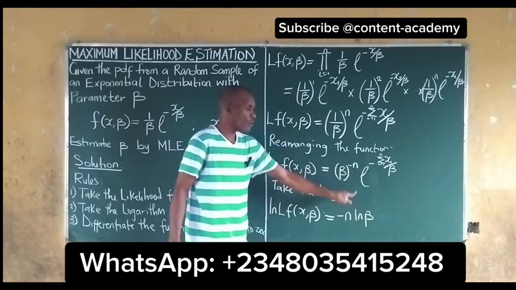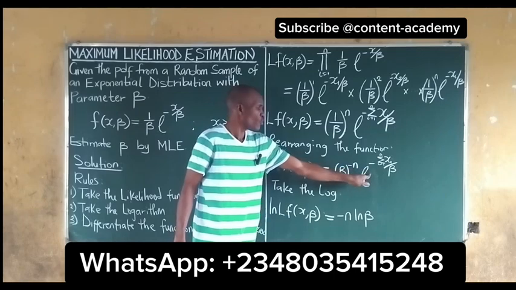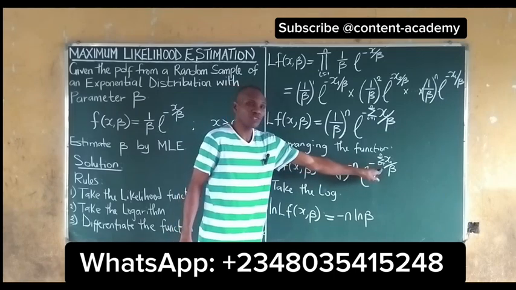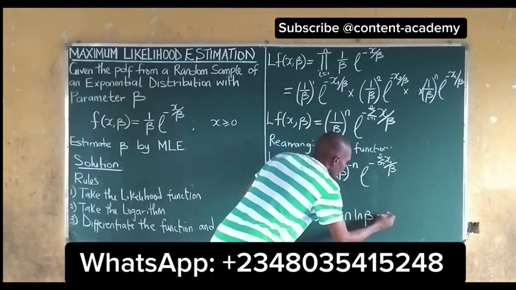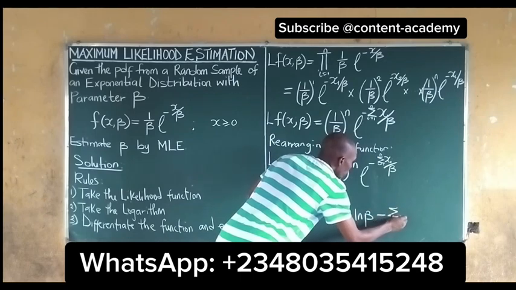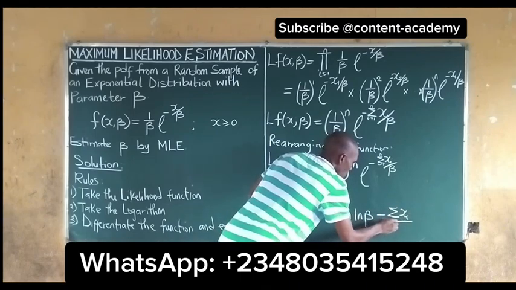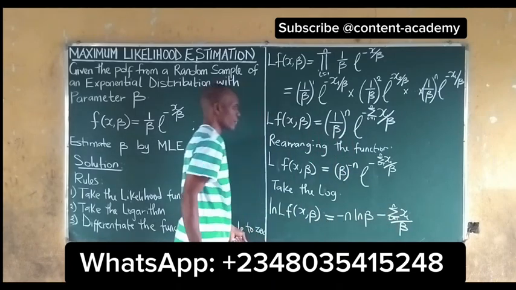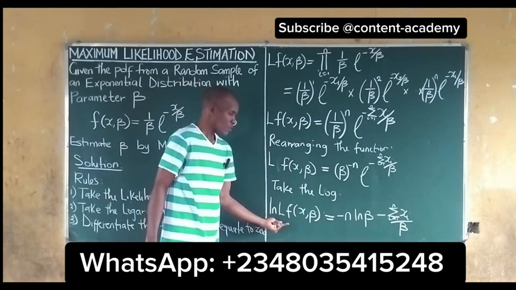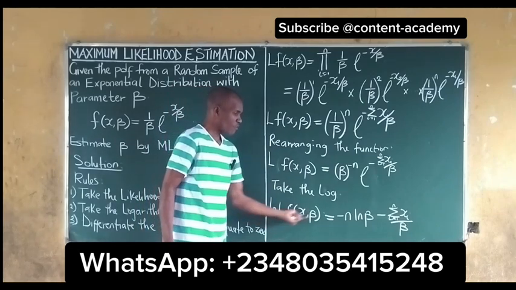If we take the log of an exponential function, we get that same function, but the exponent will come off. So we get negative summation of x_i all over beta, i running from 1 to n. So this is what we get when we take the log function.